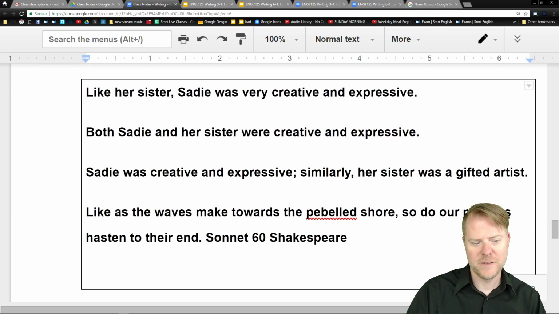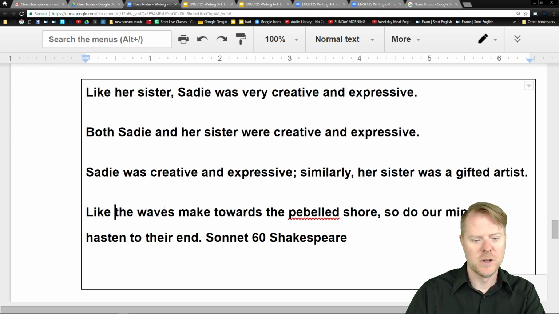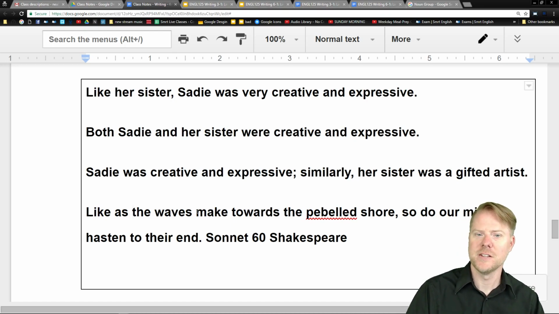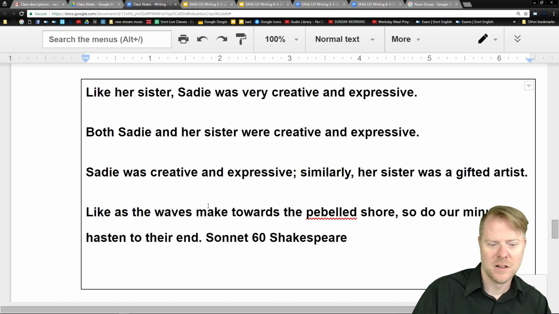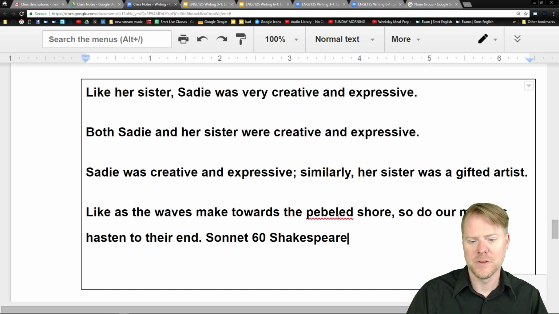"Like as the waves" — in current modern English, we would just say "like the waves," but he was a little fancier. He was a poet. He needs another beat in there. "Like as the waves make towards the pebbled."